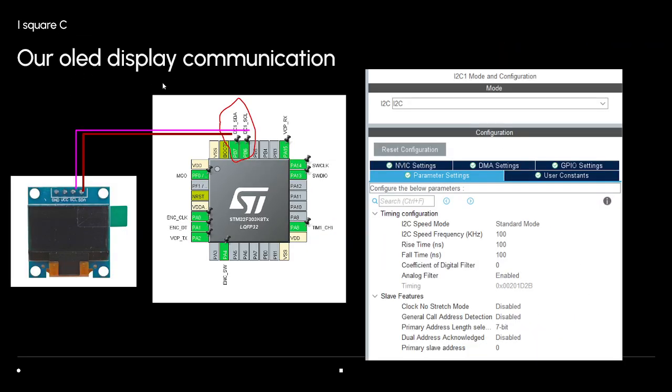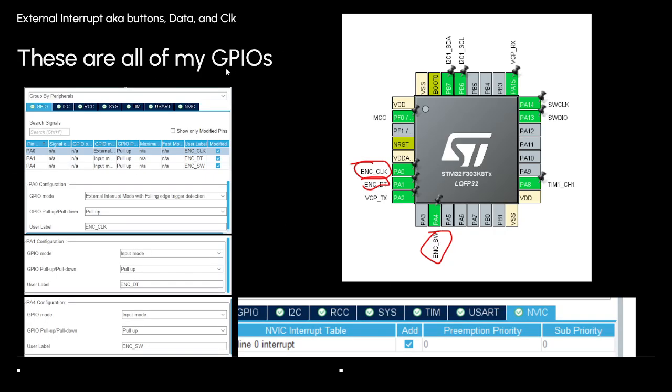And this is our OLED display on I2C, connected to 3.3 volt and ground, and everything else is pretty much the same. Don't forget this I2C. And these are all of my GPIOs, for the rotary encoder, all in one.